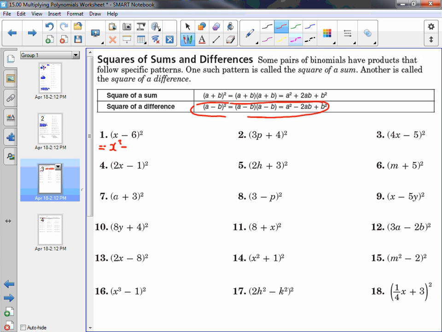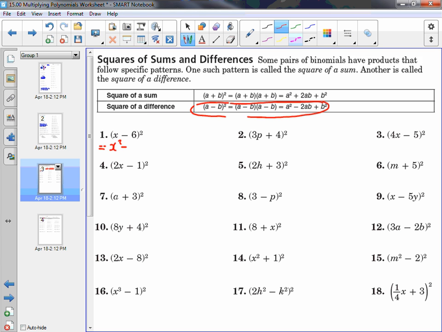now, 2 times the first term times the second term. For using the little formula to save us any work, we need to do that in our head. 2 times the first term times the second term. And we've already taken care of the sign. It's negative. So we don't have to worry about that. So 2 times x times 6.